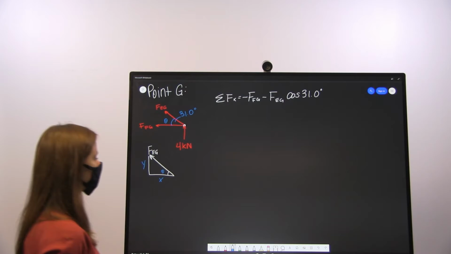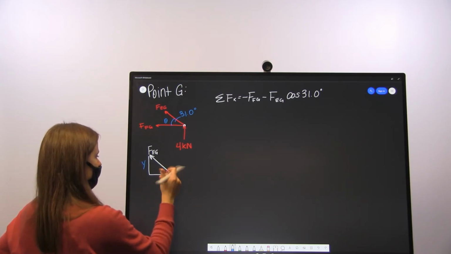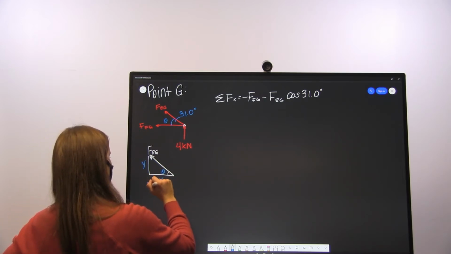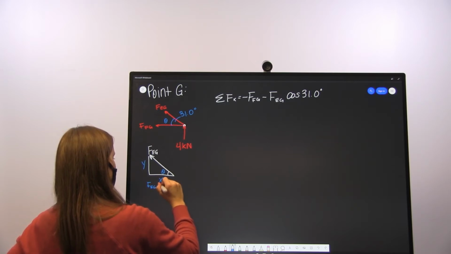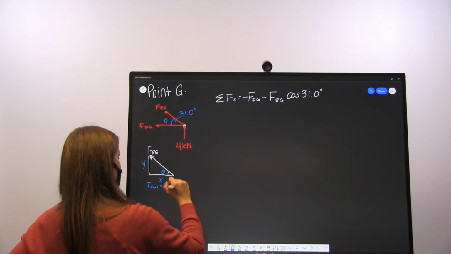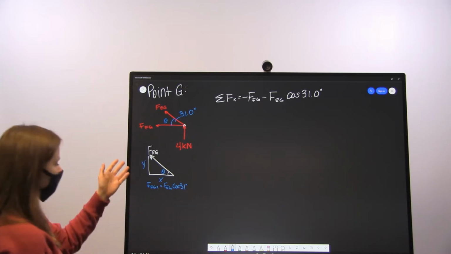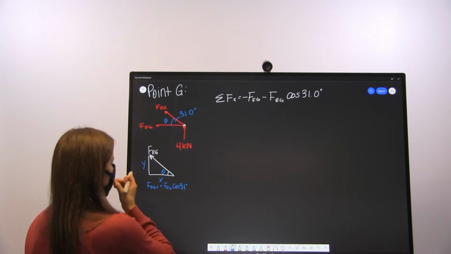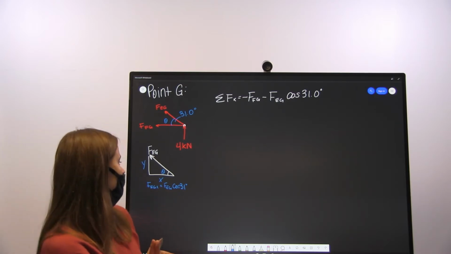It's just some algebra, taking into account the triangle, and so the force of EG in the x direction is just going to be equal to the force EG cosine 31 degrees. And then similarly, the force in the y direction is going to be the force of EG times sine of 31 degrees.